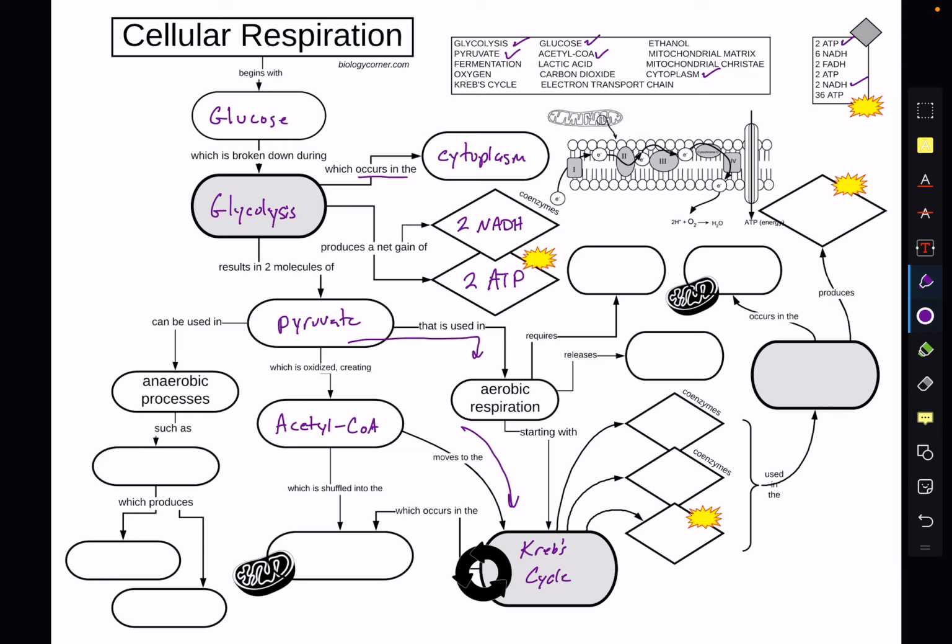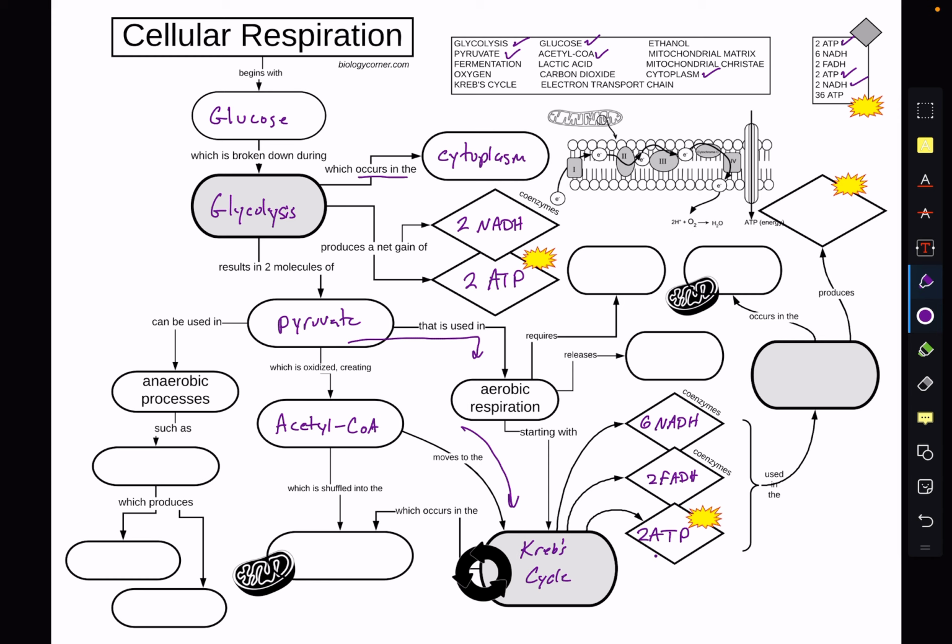Krebs cycle is where we start to get even more energy produced. Not a lot of energy, just a couple ATP, 2 ATP. You're also going to make a couple of other molecules, the coenzymes NADH and FADH. This will make 6 NADH and 2 FADH.